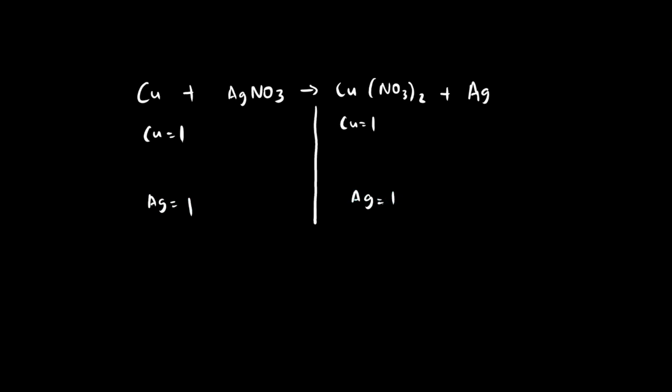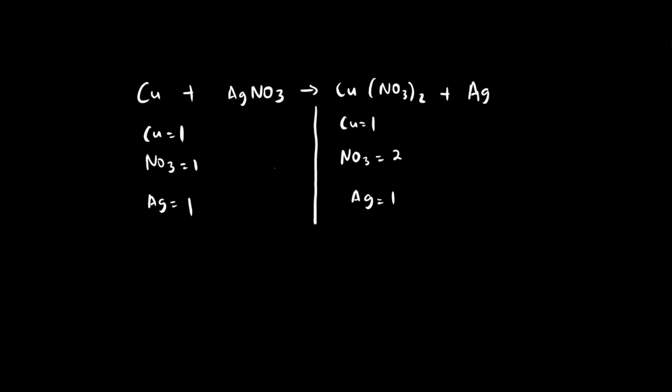And as for the nitrate, the NO3, it's easier to treat it as a unit because it makes balancing the equation much easier. So on the left hand side we have 1 nitrate and on the right hand side, we have 2 of the nitrate. So what we need to balance here is the nitrate.